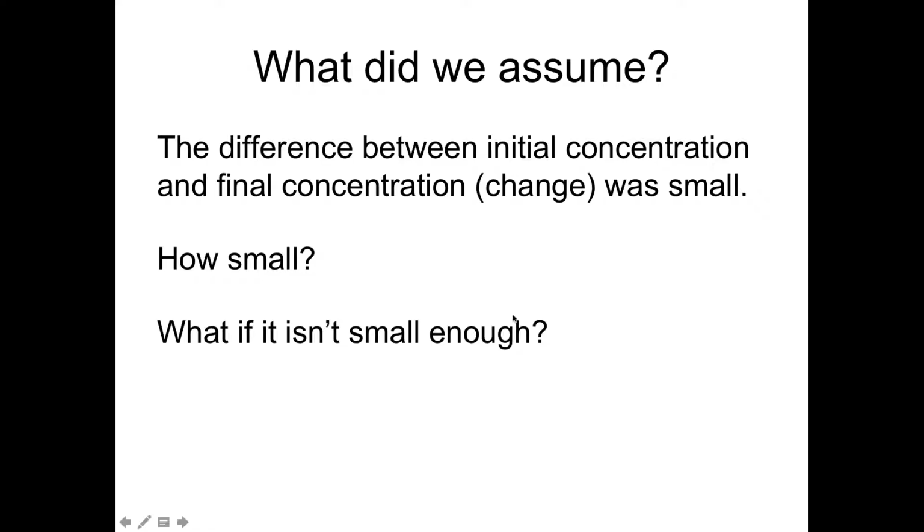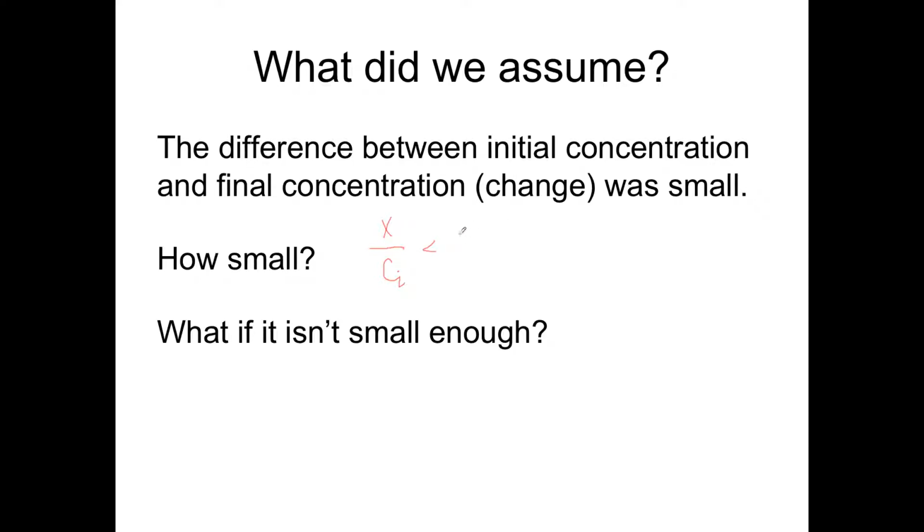So what did we assume? The difference between the initial concentration and the final concentration was small. The change was small. We assumed that it had to be small in order to neglect it. How small? Well, Tro gives you a criterion: x, which is the change, over c sub I for initial concentration.